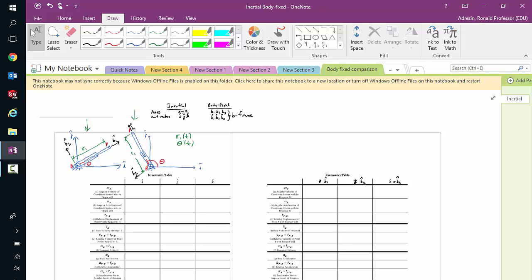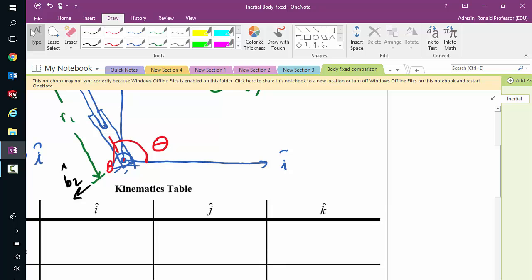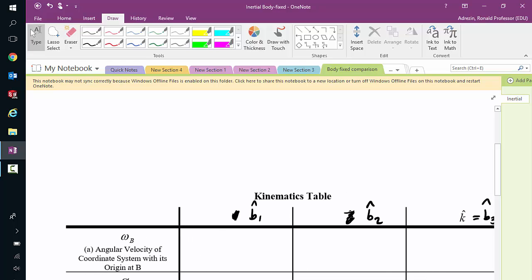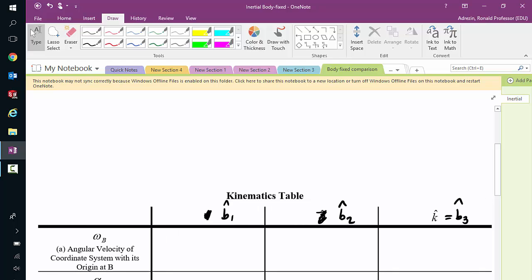So the left is the inertial frame. Let me zoom in. We can tell that because it says IJK. And on the table on the right, I scribbled out the IJ, I wrote B1 and B2 for the B frame, and because with the right-hand rule, K comes out of the paper, it's the same thing as B3. So K happens to equal B3.